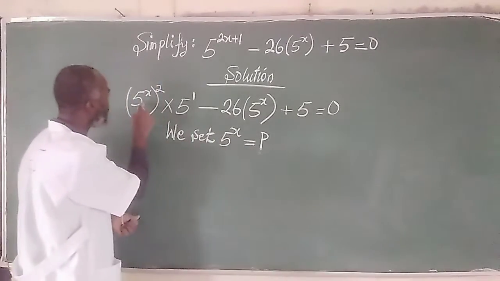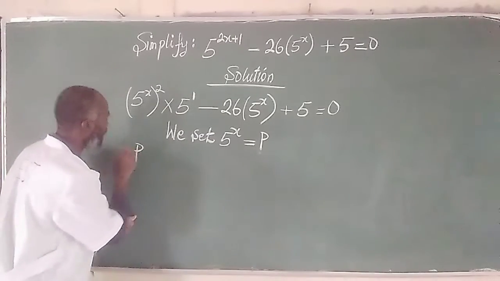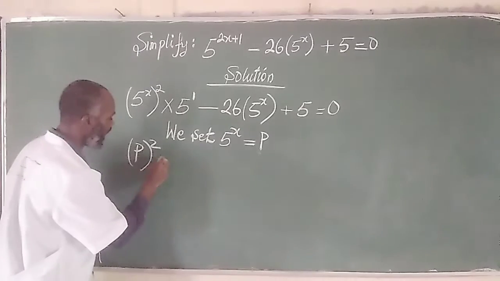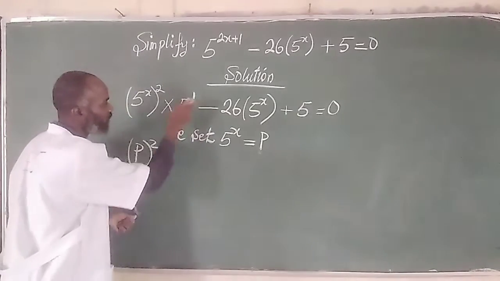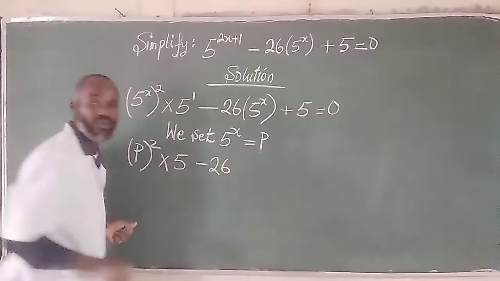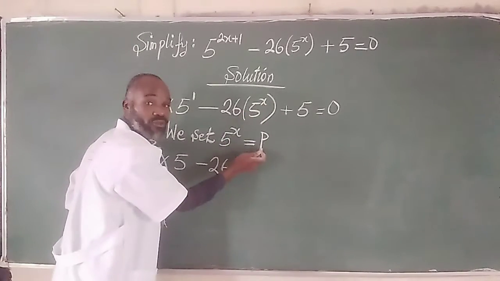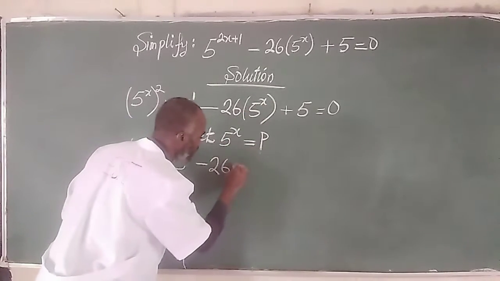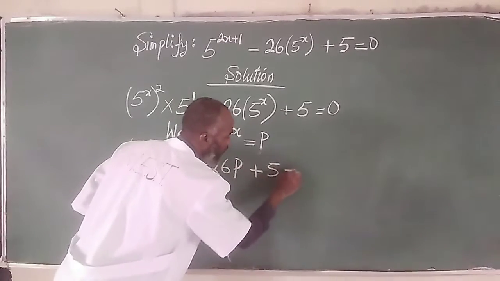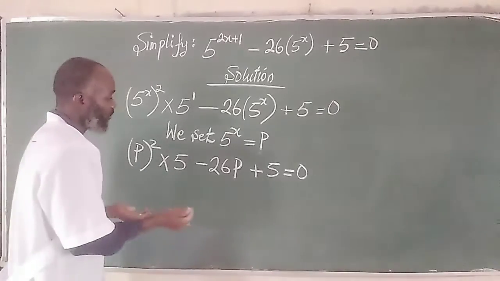The first one is 5^x, so we have p squared, and then we have times 5, because 5 raised to the power 1 is still 5. We maintain this minus 26. We have 5^x, which means we substitute with p. It becomes p, plus 5 all equal to 0. Take note, that's how to solve this.